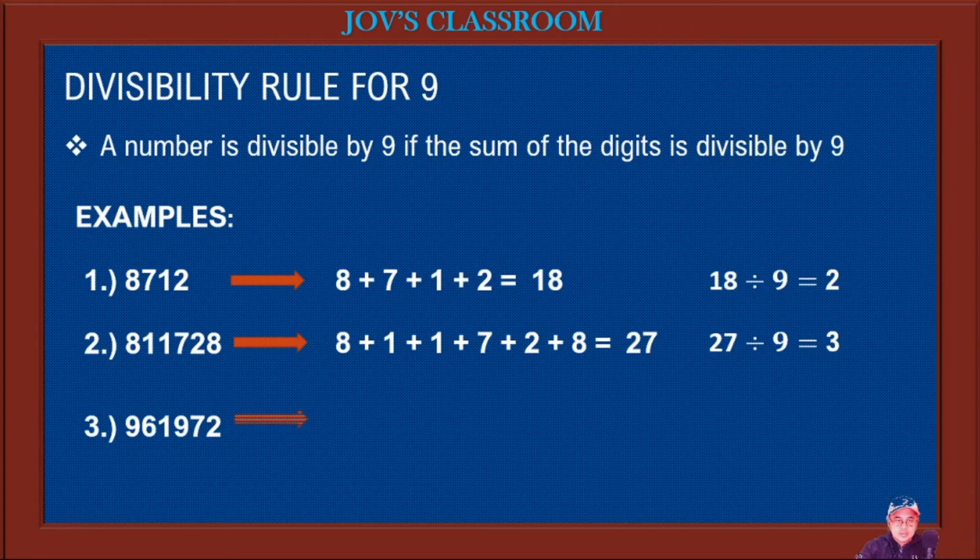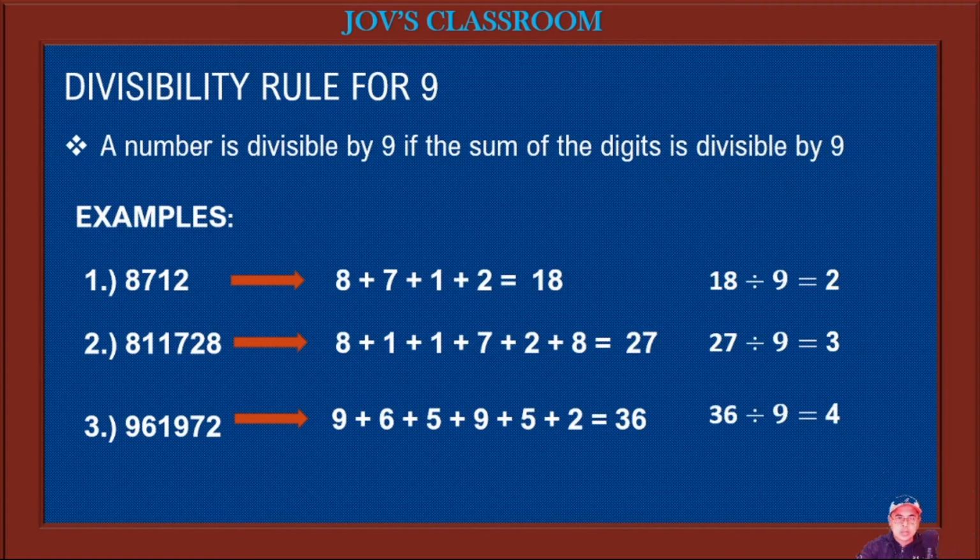So if you have a given big number, just apply rule number 9. Get the sum of all the digits and divide by 9. If you arrive at a whole number, that means the given number is divisible by 9.